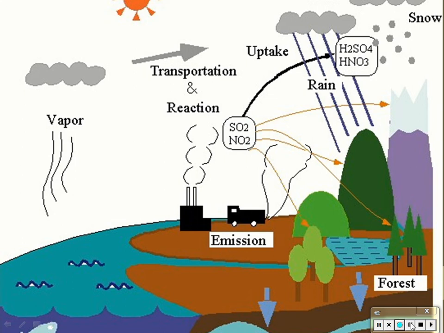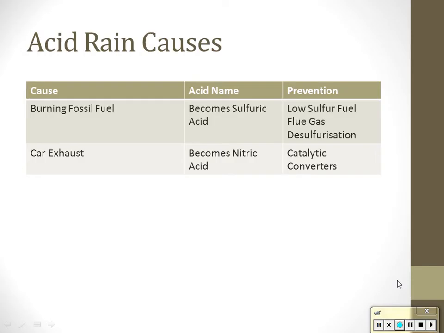And as these compounds get into the atmosphere, they dissolve into the rainwater, and those compounds become acidic. And those acidic compounds are rained back onto the planet, where they cause their list of problems.